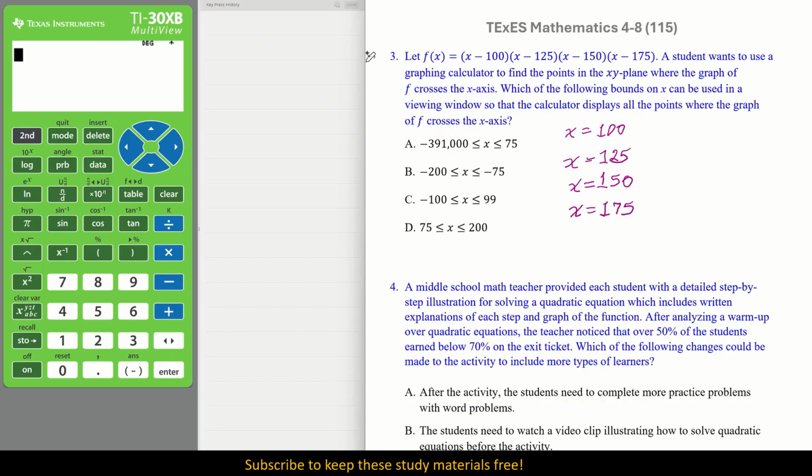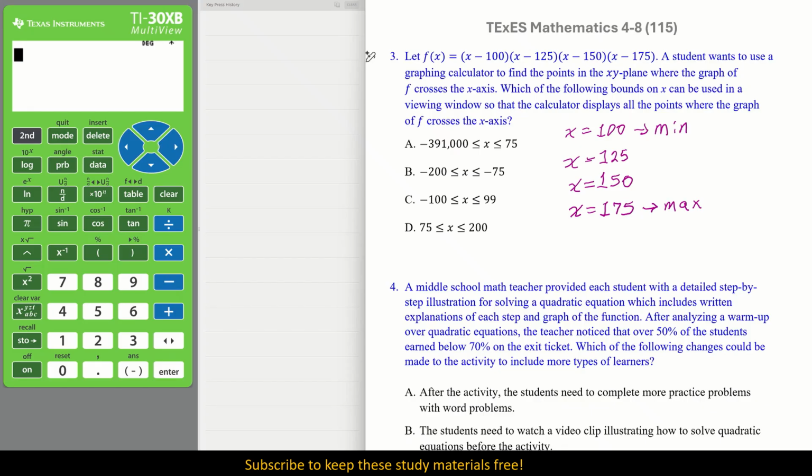Now we know that the minimum is going to be 100 and our max is 175. So if we go a little bit below 100 and a little bit above 175 on the x-axis, then we know we're going to see all of our graph.